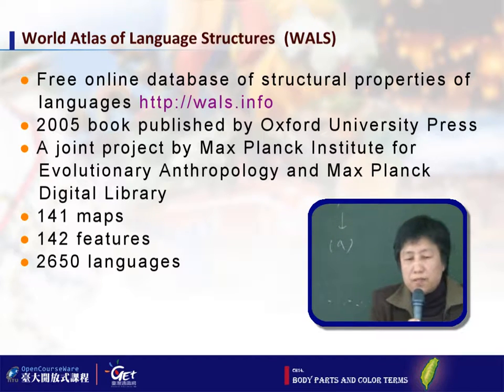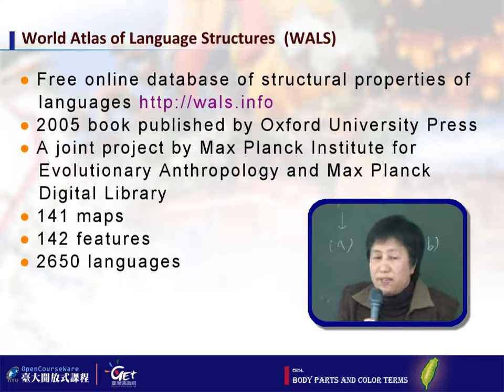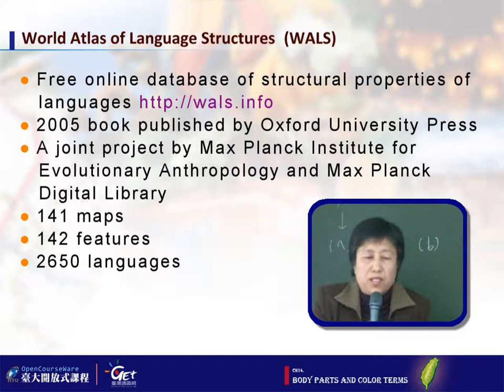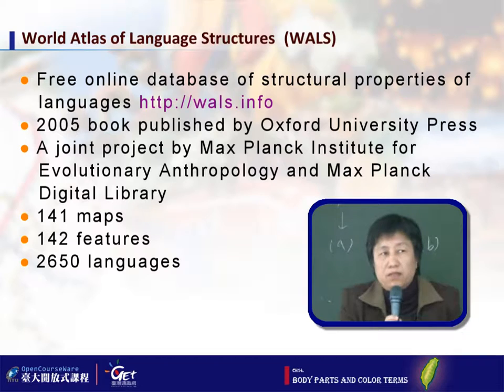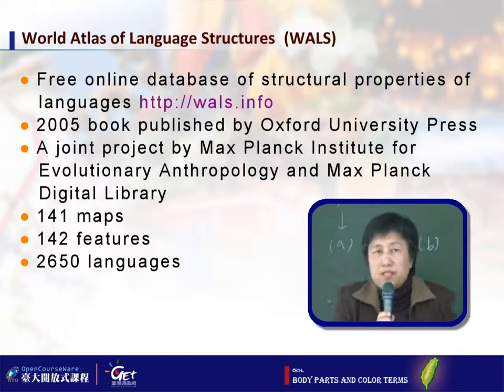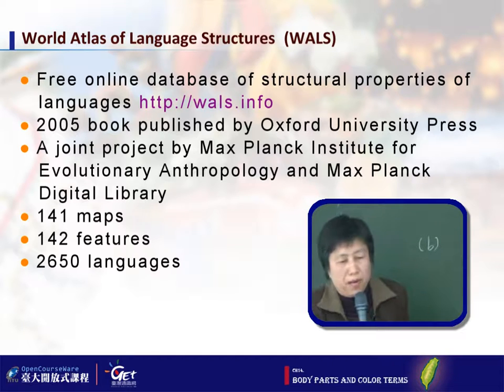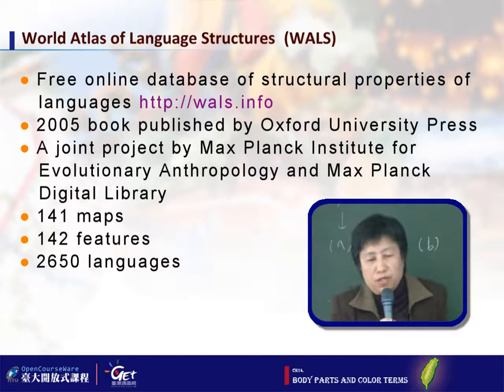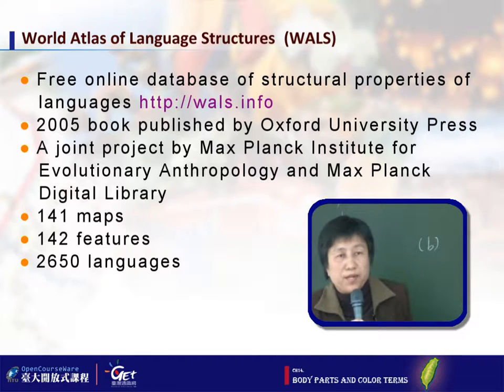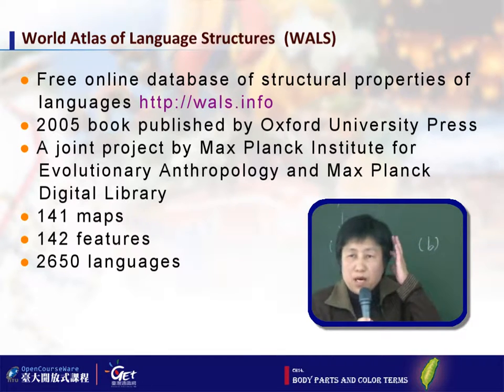The book was originally published in 2005 by Oxford University Press, and later on they negotiated with the university press and turned all that data into a digital library. It's a joint project by the Max Planck Institute for Evolutionary Anthropology and the Max Planck Digital Library. It's a very informative website.